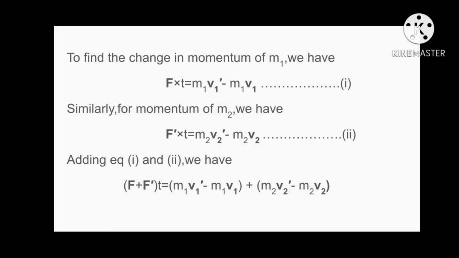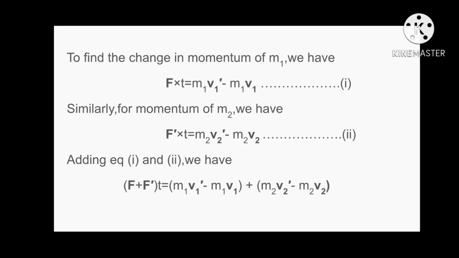To find the change in momentum of M1, the first ball, we have F multiplied by t is equal to M1 V1 prime minus M1 V1, meaning the momentum of the first ball after collision minus the momentum before collision. Actually the change in momentum is equal to the product of the force and time. So we write F multiplied by t on the left side of the equation and M1 V1 prime minus M1 V1 on the right side.